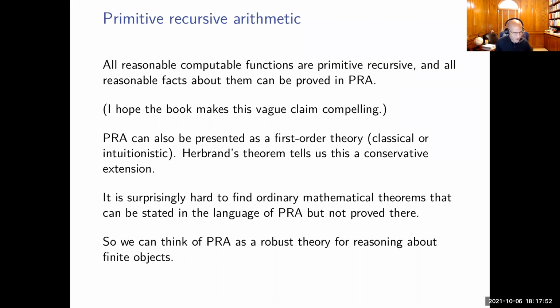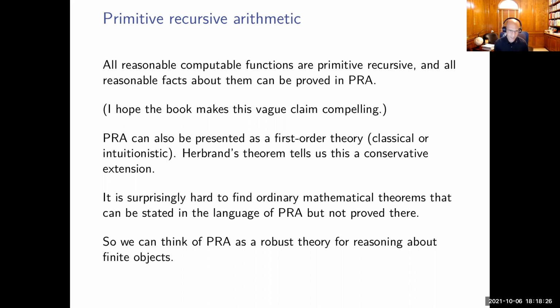And in the book I spent a couple of chapters really working hard to make this claim compelling. Any reasonable statement about finitary objects, if it's mathematically provable and you can prove it combinatorially, in finitistic terms, just talking about finite objects, is going to be provable in primitive recursive arithmetic. In fact, it turns out empirically to be surprisingly hard to find ordinary mathematical theorems that can be stated in the language of primitive recursive arithmetic, but not proved there.